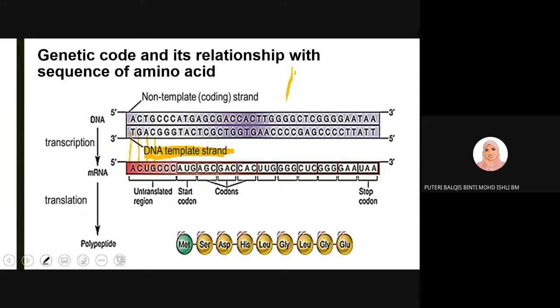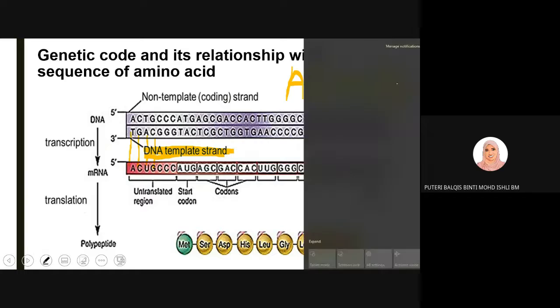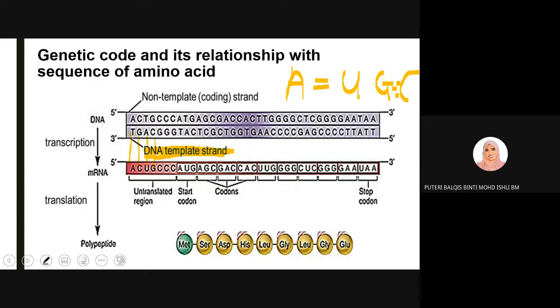For RNA, A is complementary to U, G complementary to C. That is the basic concept of nucleic acid. Okay, so katakanlah kita baca yang ni. C, C, C, C, C, C, C, G, A, G. Kita tahulah C complementary to G. G, G, G, C, U, C.